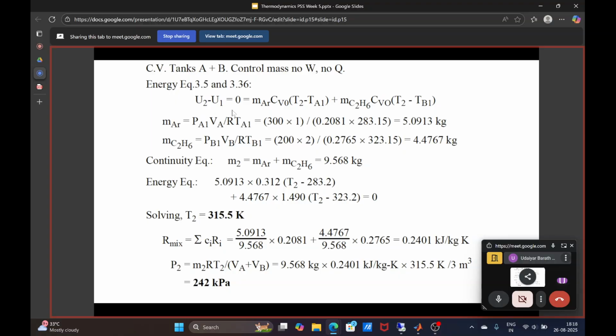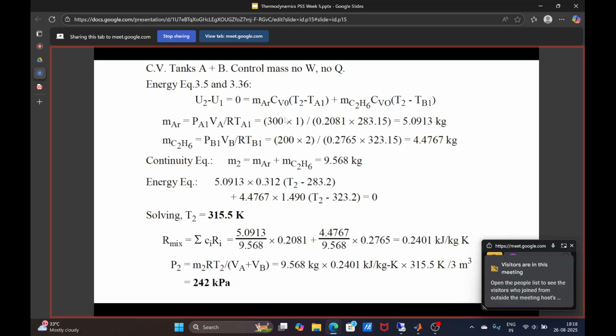If you write it in terms of the individual gases, initially the argon is at temperature T A1, in tank A and state 1, and it comes to a temperature T2. Similarly, ethane, initially at temperature T B1, in tank B and state 1, comes to the uniform state temperature T2. So it is m times Cv times delta T for both argon and ethane.